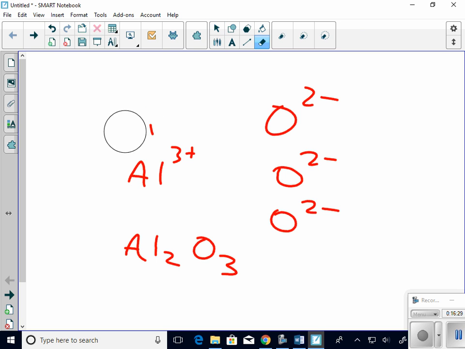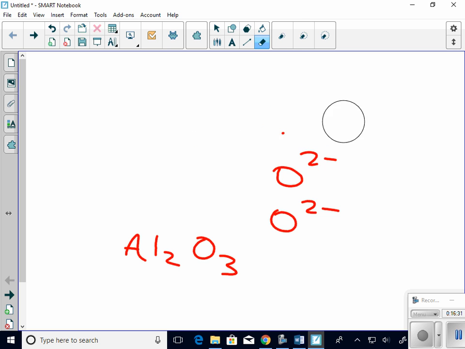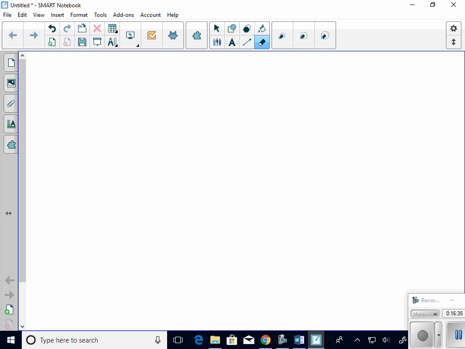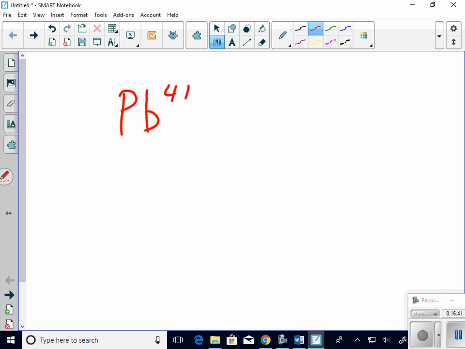Now, the reason. Okay, let me show you why the crossover method doesn't work all the time. Here is something that we call lead, and we have lead 4. Okay? Lead 4 is lead with the 4+ charge. Oxygen.